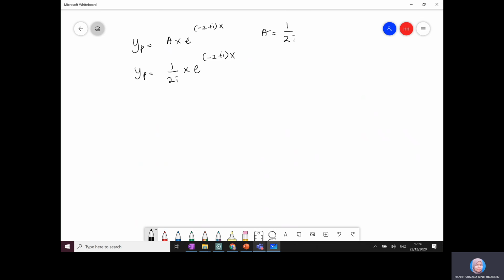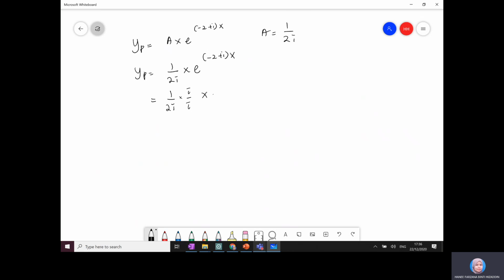We want to eliminate the i here because it's not nice to work with an imaginary number. To delete the i down here, you need to multiply by i up here. But since this is not equal to 0, you need to multiply and divide by i as well.